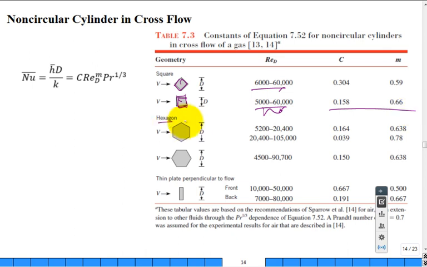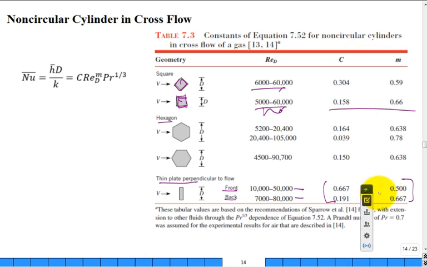What happens if I have a hexagon? There you go. How about if I have a thin plate that's perpendicular to the flow? Well, are you interested in the front side or the back side? As long as you're in this range of Reynolds number, somebody's done a lot of work and you can use this correlation. So the textbook has a lot of them. That's the whole thing about make sure you get the right geometry. You understand your geometry to get the right equation.